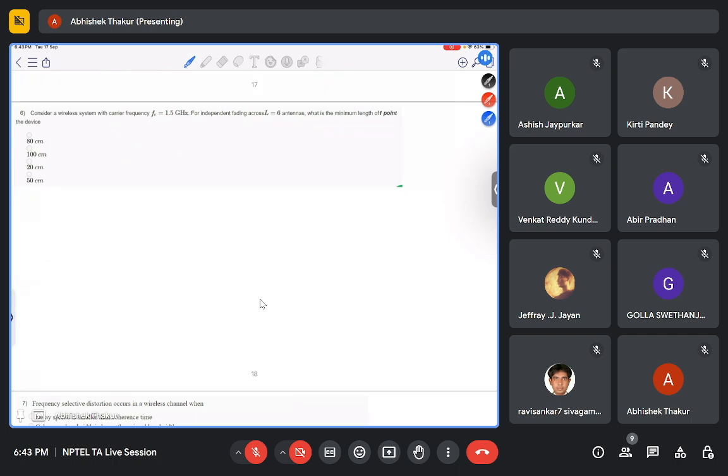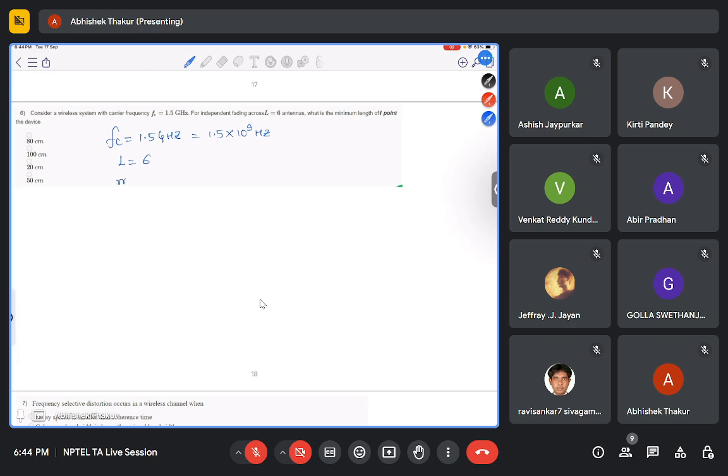Now moving on to question number 6. Let's consider a wireless system with carrier frequency 1.5 gigahertz for independent fading across L is equal to 6 antennas. What is the minimum length of the device? So it is the same question. Here fc is equal to 1.5 gigahertz. So this can be written as 1.5 into 10 to the power of 9 per second. So that is hertz. Number of antennas L is equal to 6.